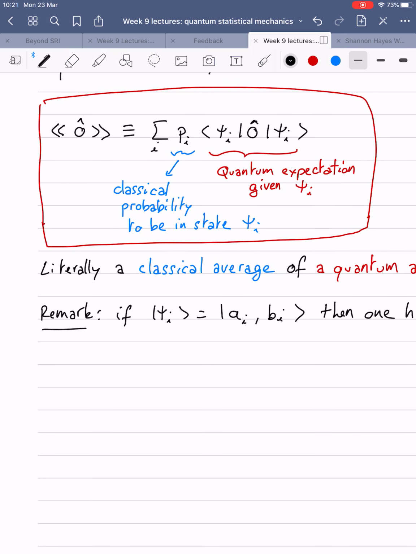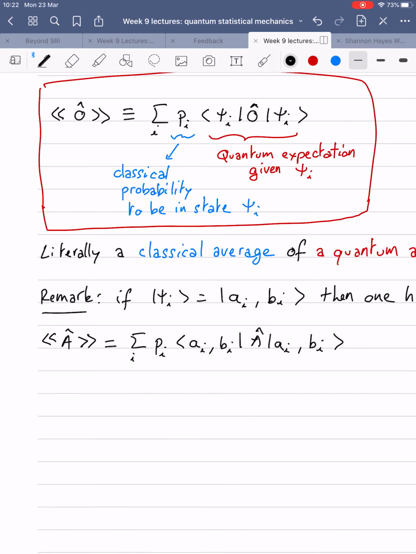That would be the super average of some observable A, where A is related to the number a_i here. So that would be the sum over i of p_i times <a_i b_i|A|a_i b_i>.